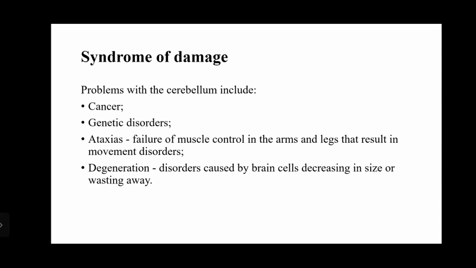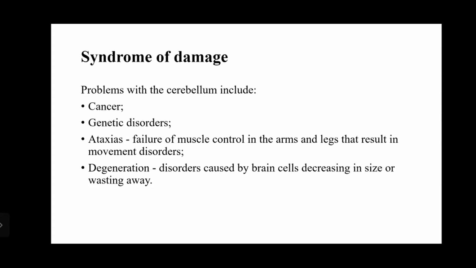And we have degenerative disorders, which are caused by brain cells decreasing in size or wasting away. In this case, it may happen in the brain itself that there was a deformity, so we cannot be normal as a normal human being, I could say.